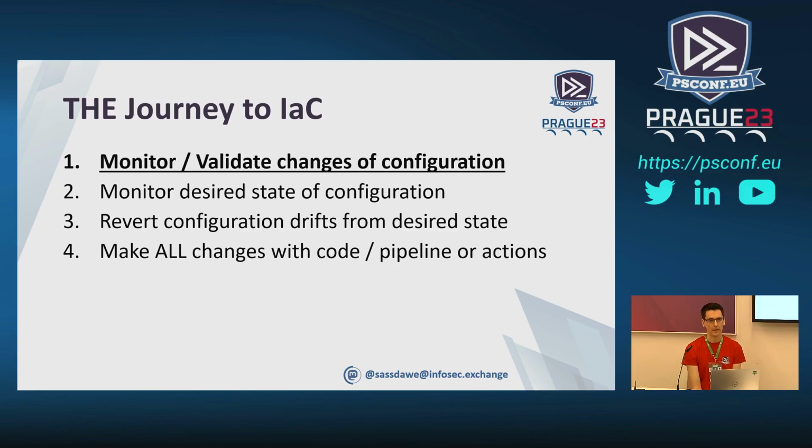The pipeline can succeed, but it doesn't mean that it actually did what you want it to do, and you need to validate that the output is truly what you needed. And when you have the ability to properly report on what the configuration is, you can move to the next step, to monitor that the desired state is still there and it didn't drift, and move to the next and the next.